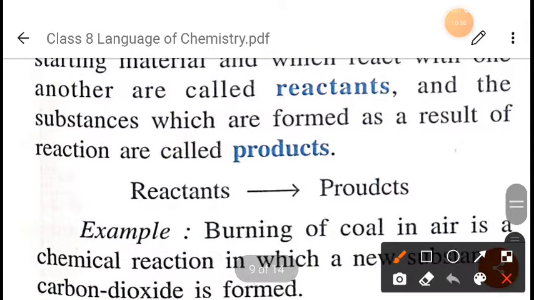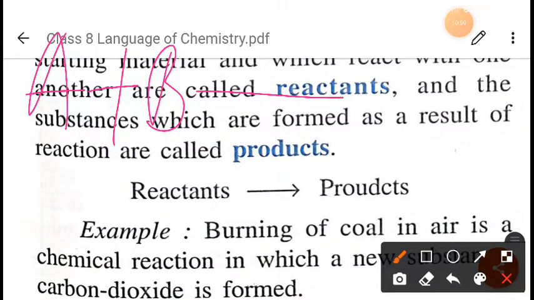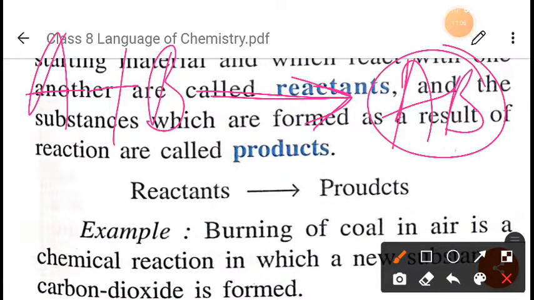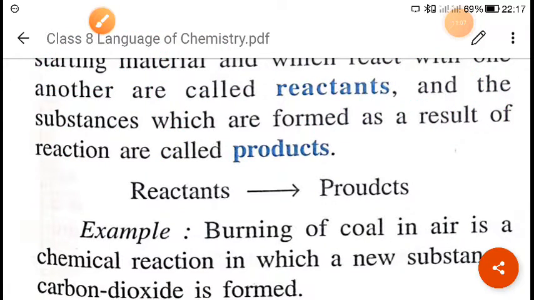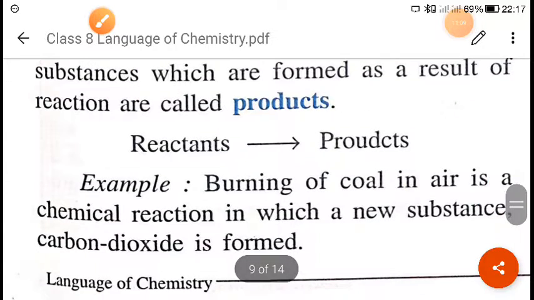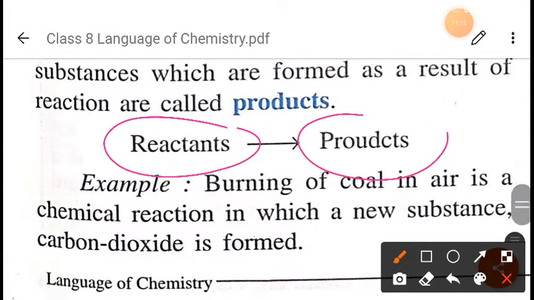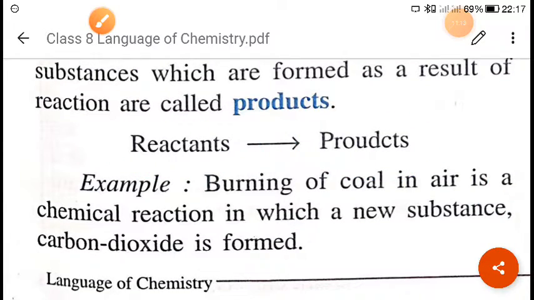A plus B is the reactant, indicated by this arrow, and it gives AB. So AB here is the product. Now next, burning of coal in air is a chemical reaction in which a new substance, carbon dioxide, is formed.